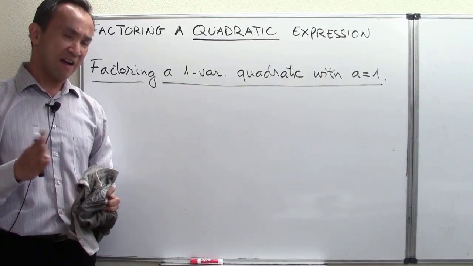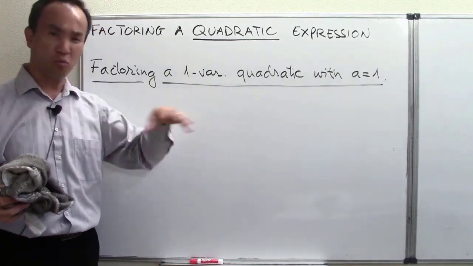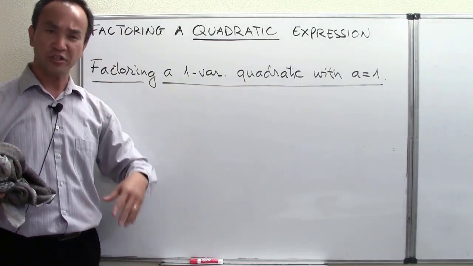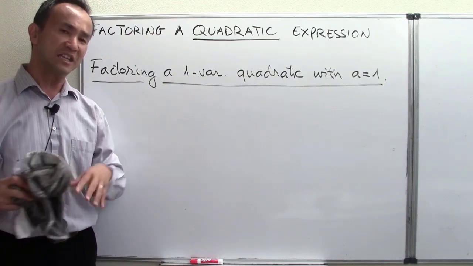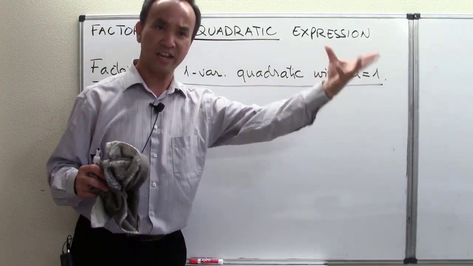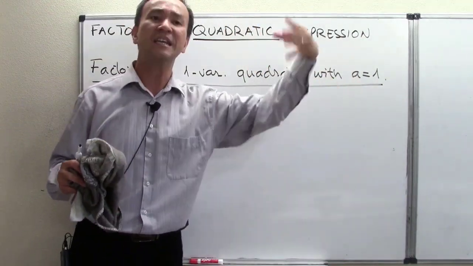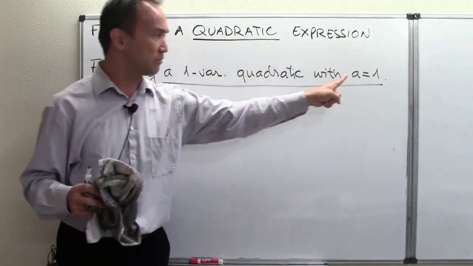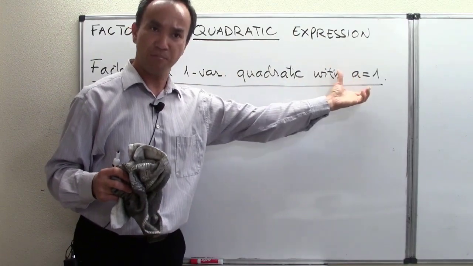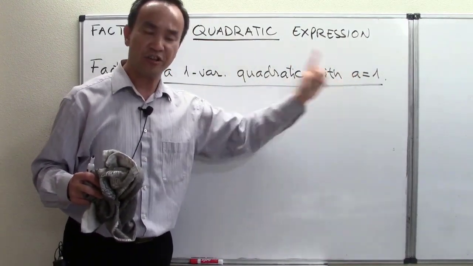After what I introduced earlier in this lesson about what a quadratic expression is, eventually you're going to get into the habit that a, in the context of a quadratic, means the leading coefficient. So when I say a one variable quadratic expression with a equals 1, it means we're looking at a quadratic expression where the leading coefficient equals 1.